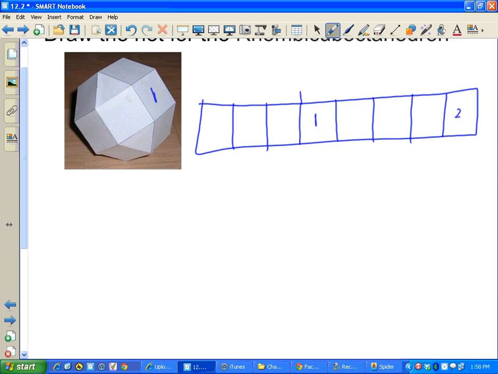So I can go up 1, 2, 3, but then I've got to stop because then I'll hit this one. And this one will go 3 the other way. So I can go 3 this way. Okay, and then I need triangles in between. So this will get wrapped, this will get wrapped.